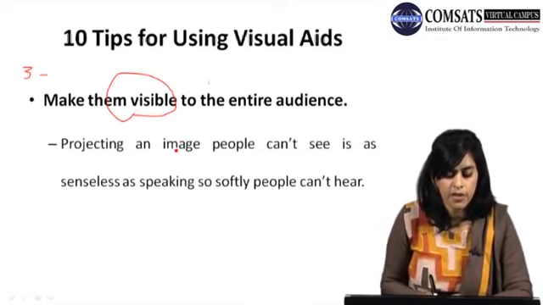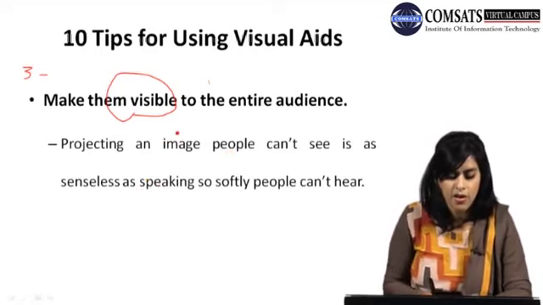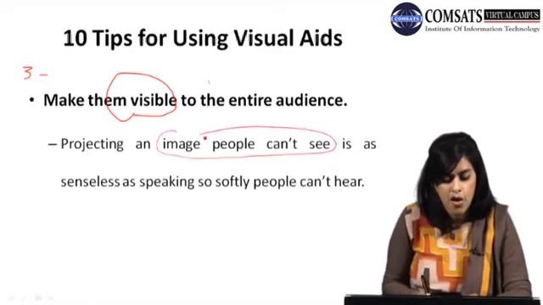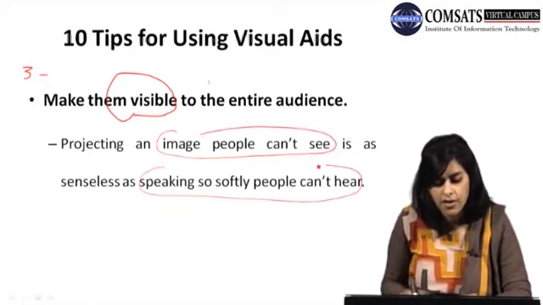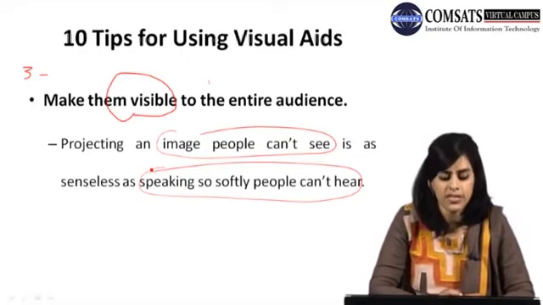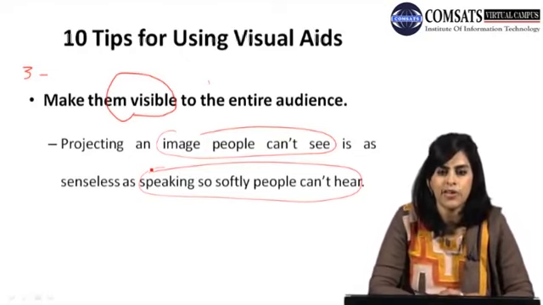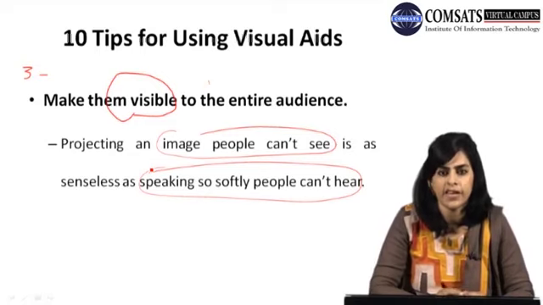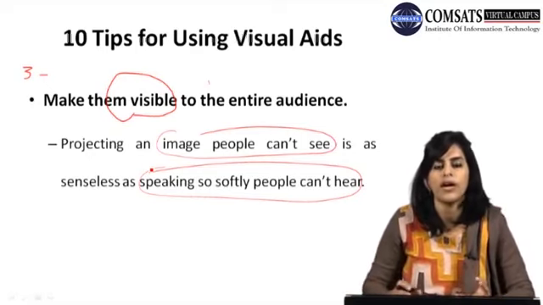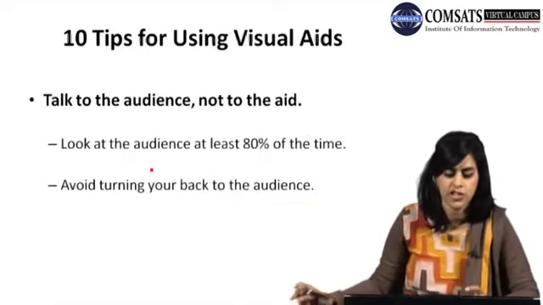Projecting an image people can't see is senseless, like speaking so softly that people can't hear. If your voice is dull and people cannot listen to you while you are presenting in front of them, it is the same as showing them an image that people cannot see. So any blurred images or images that are not clear should not be added to your presentation. So try to bring in those images that are related and that are visible for your presentation.